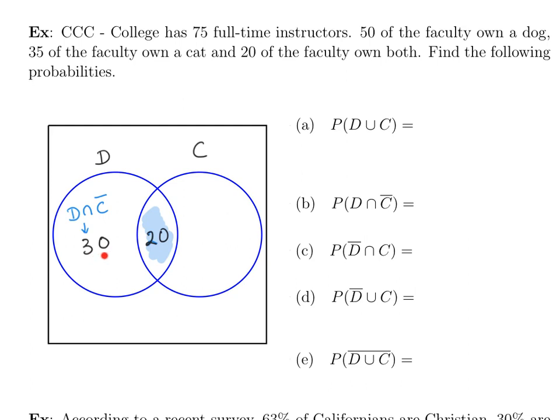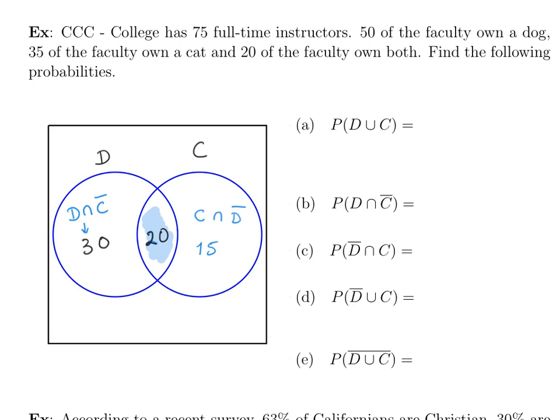Another way to figure this number out is you just do 50 minus 20, it will give you 30. In the same way, this represents the people that have a cat, but they don't have a dog. There are 35 people that own a cat. Since we already have 20 here, that means this is 15.